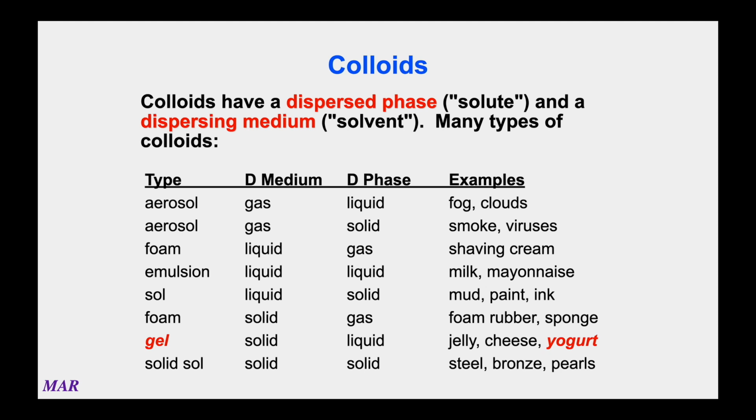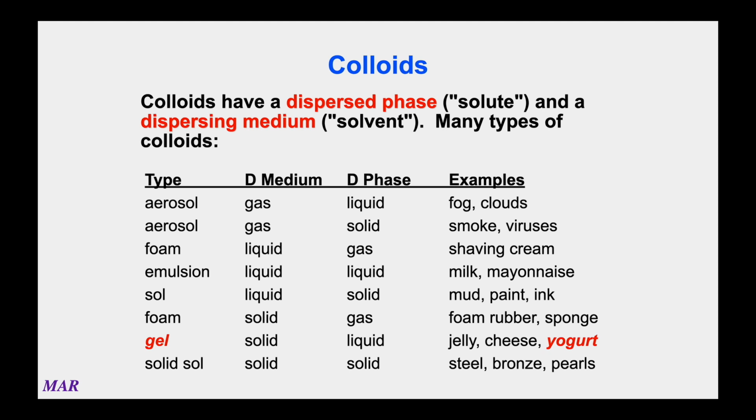Colloids and suspensions have a type of solute and solvent as well, but they usually call them different things. The solute is the dispersed phase, and the solvent is the dispersing medium. And all the things on the right are examples of these different types of colloids and suspensions. So you're seeing things in there like milk and yogurt, bronze, shaving cream, smoke.